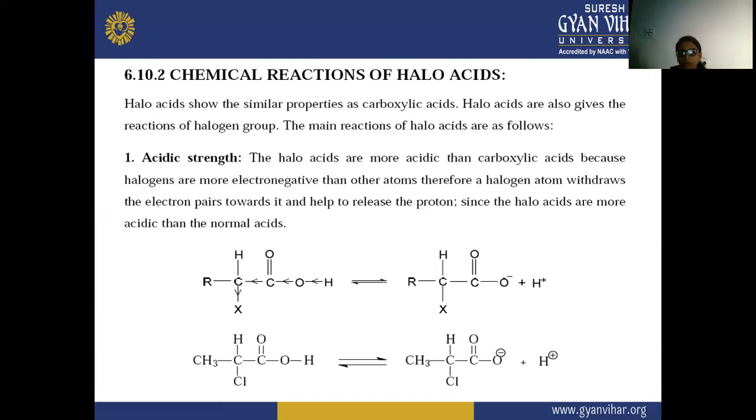Since the halo acids are more acidic than the normal acid, that is why they are more acidic. The example is shown here of how the halogen is withdrawing the electron and how the proton is getting released from here.